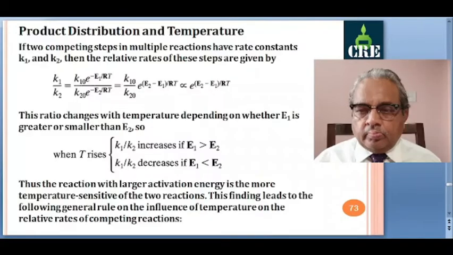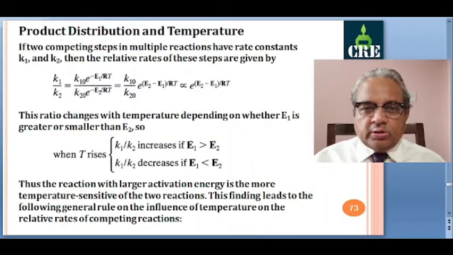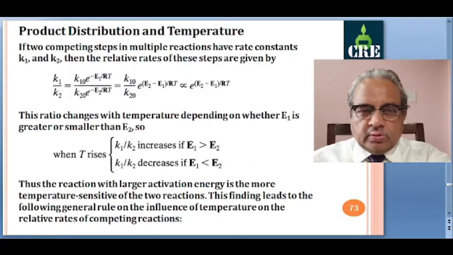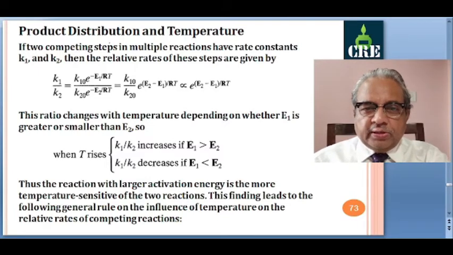Okay. Now we'll see product distribution and temperature. If two competing steps in multiple reactions have the rate constants K1 and K2, so we are considering competing steps, means parallel reactions. Then the relative rates of these steps are given by K1 by K2, that is equal to K10 e raised to minus E1 by RT divided by K20 e raised to minus E2 by RT.